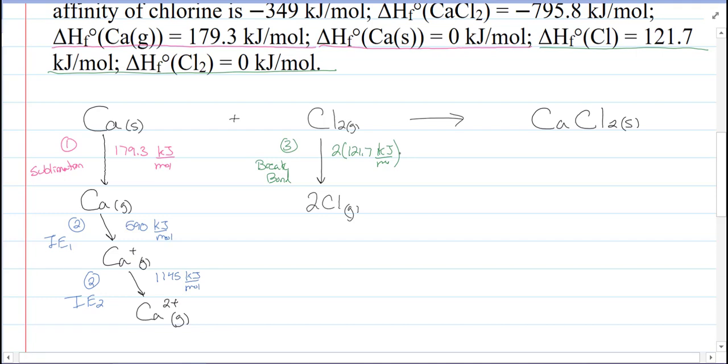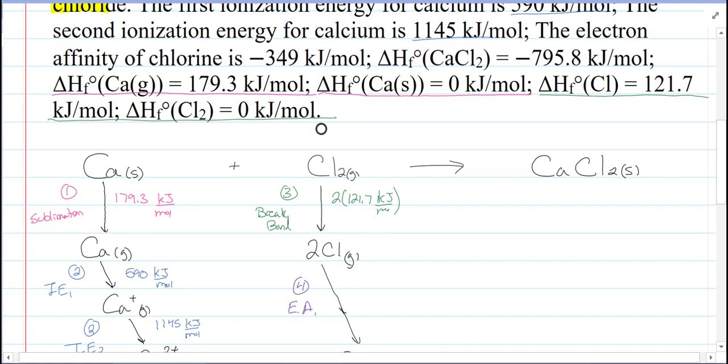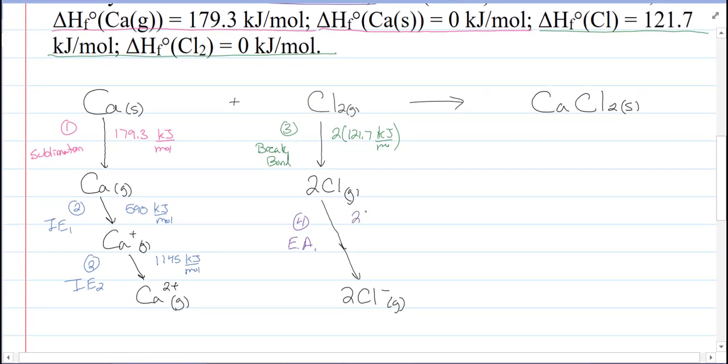So it's 200 and, what is that, 243-ish overall. And then chlorine has to go all the way down to 2Cl minus. It has to gain an electron each. We're going to call that step 4. That's electron affinity. And the electron affinity for chlorine is negative 349. But there's 2 of them.